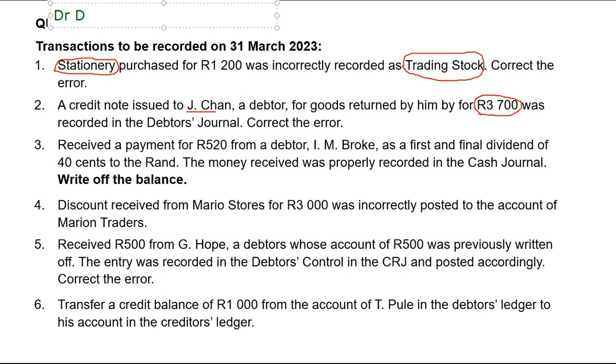So they debited debtors control, which is the name of the debtor here, right? And the amount was 3,700. And then they credited sales. And the amount was 3,700.